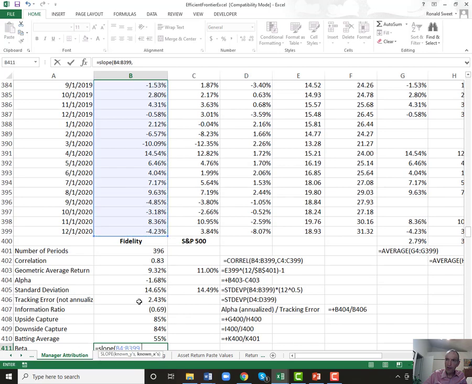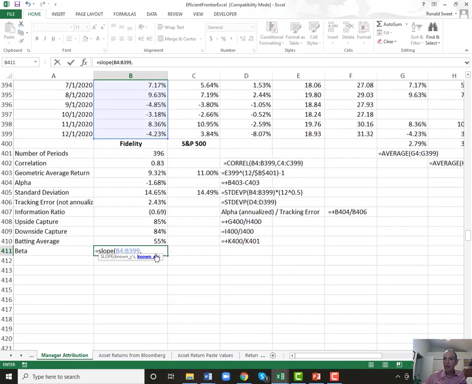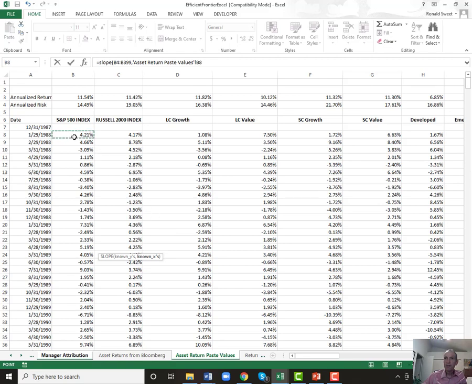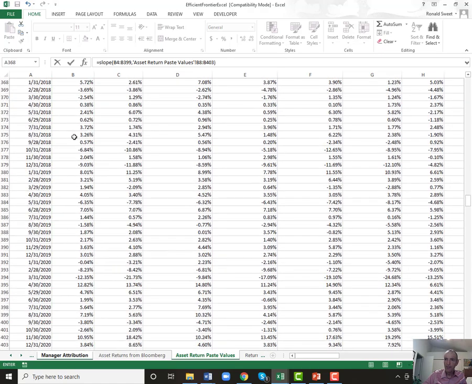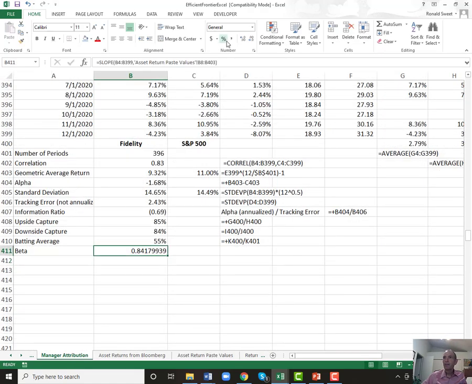And then I'm going to do comma, and I'm going to go over to the face value asset returns, get the S&P 500, and find my starting month. Here it actually is January 98. Your fund might be January 1990. Find that and highlight the S&P 500. So I can do my beta from the S&P 500. That way you don't need to add a column. That makes it a lot simpler. So just do your beta by referencing the face value column. I just recommend that you do that.